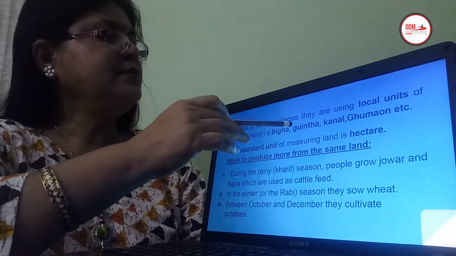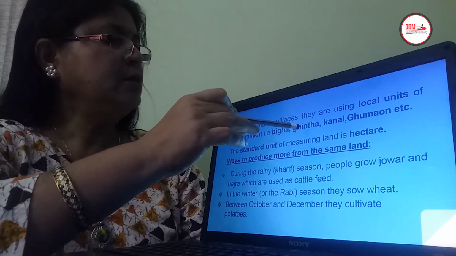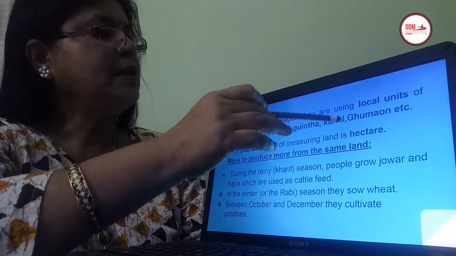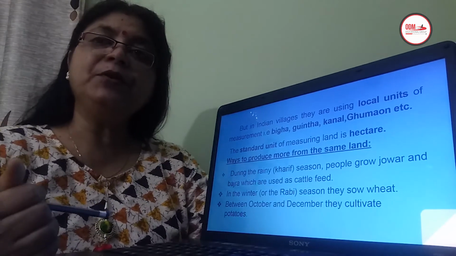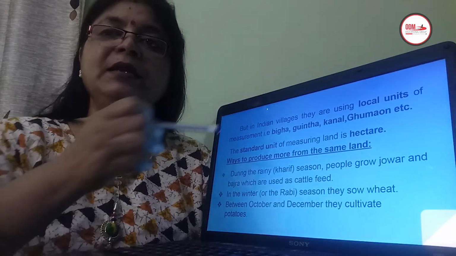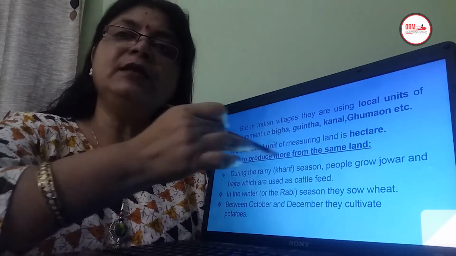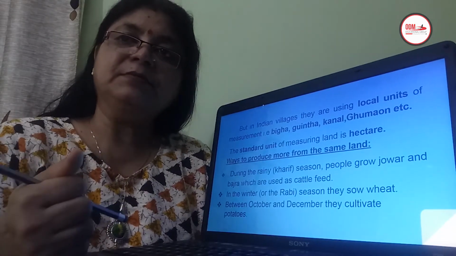But in Indian villages, they are using the local units of measurement like bigha, gunta, canal, ghuman. As you know, what is the standard unit of measurement of land? The hectare is the standard unit of measurement of land. But Indian villages, or the Indian states, are using different measurement systems.